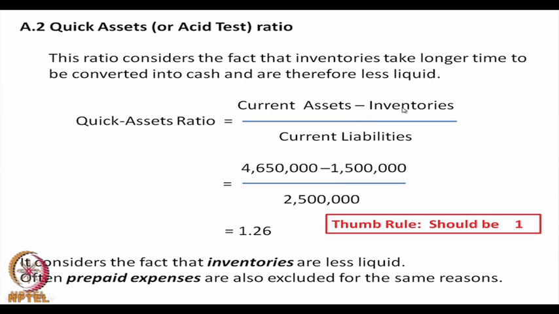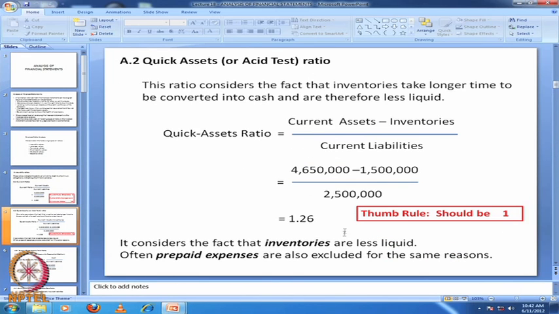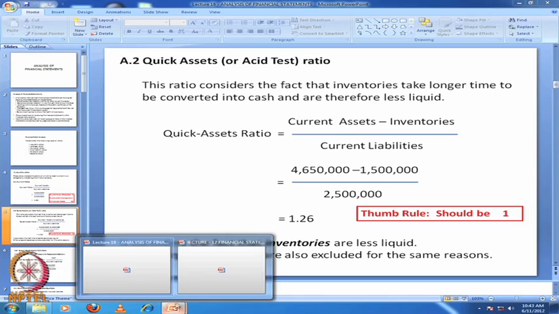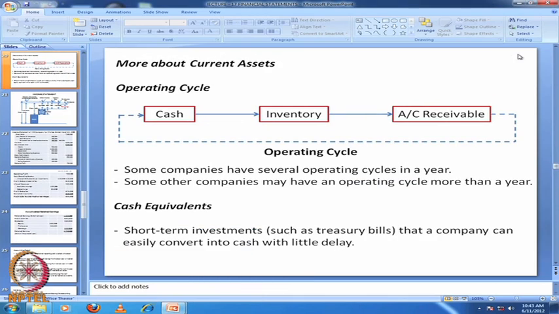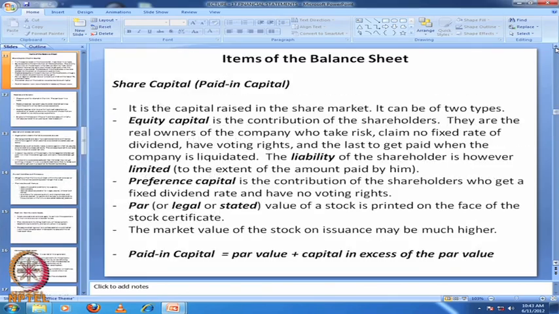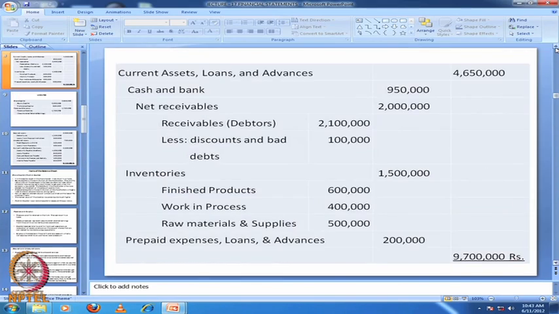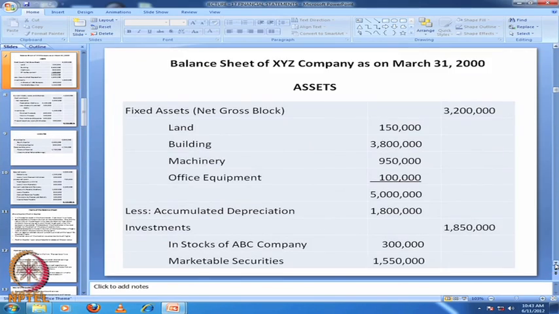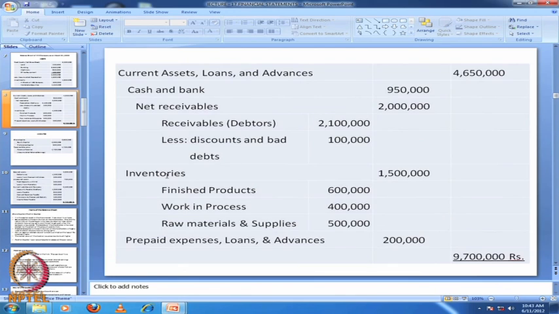So, inventories amount to 1,500,000 rupees. This was obtained from the assets, all types of inventories add up to 1,500,000 rupees.